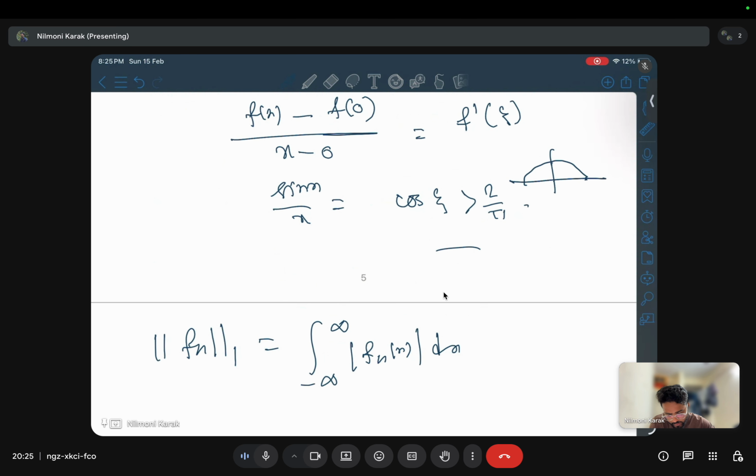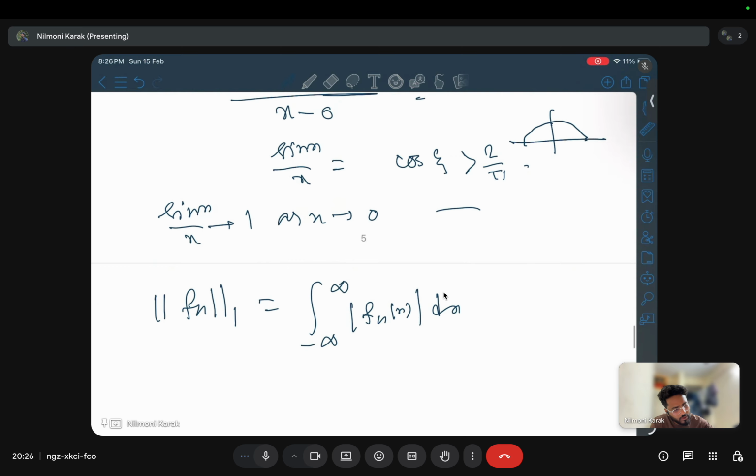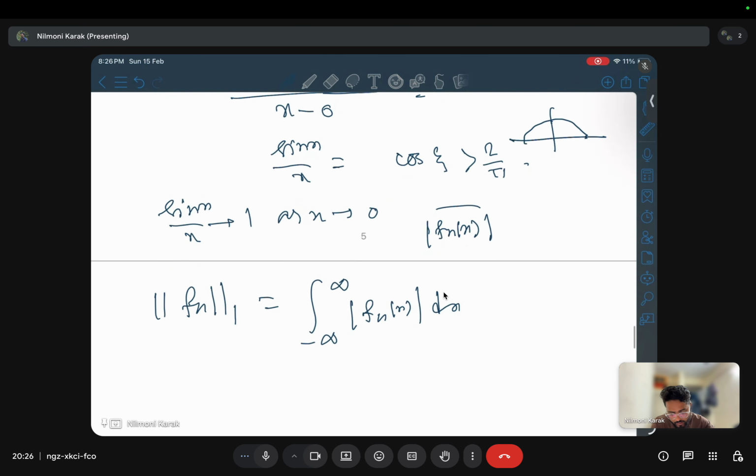Sin x by x goes to 1 as x tends to 0, and this inequality also holds at x equals 0, right? So mod of f_n(x) is greater than 2 by pi times mod sin nx divided by x.